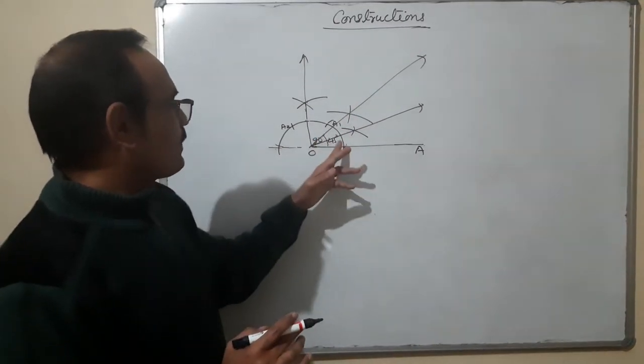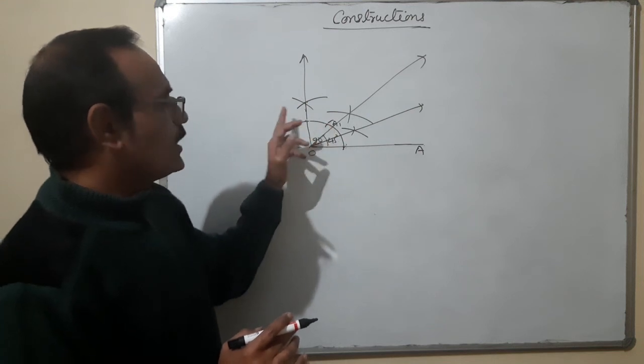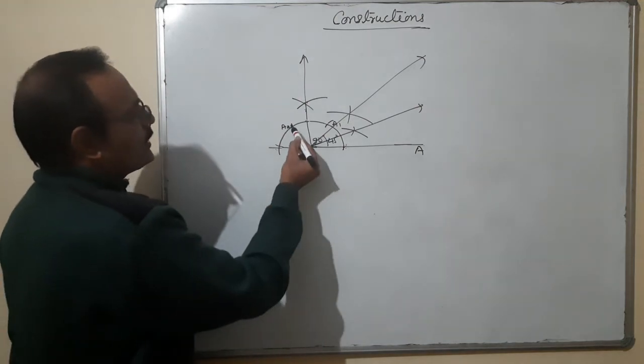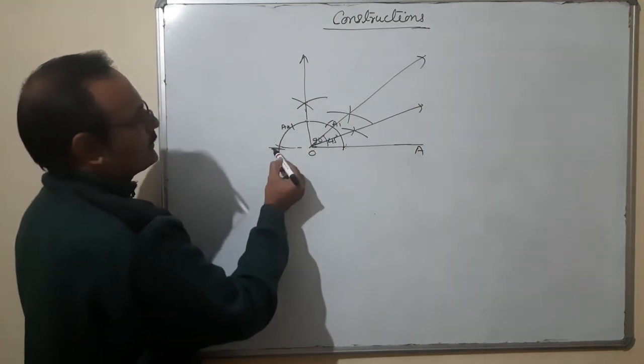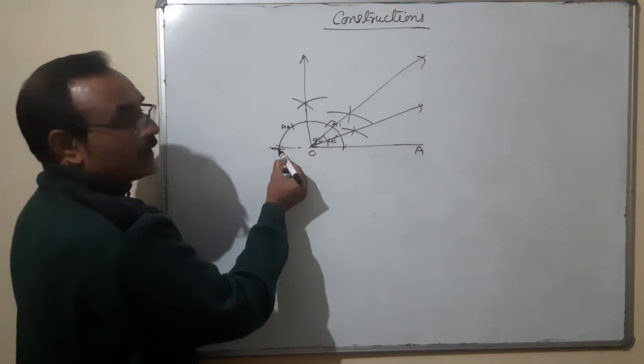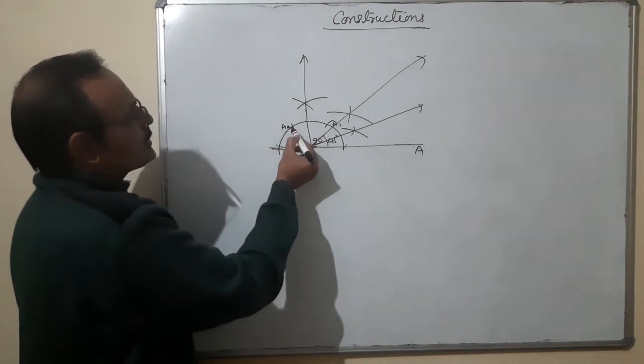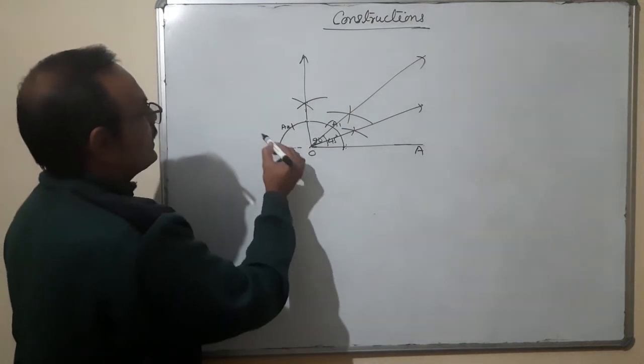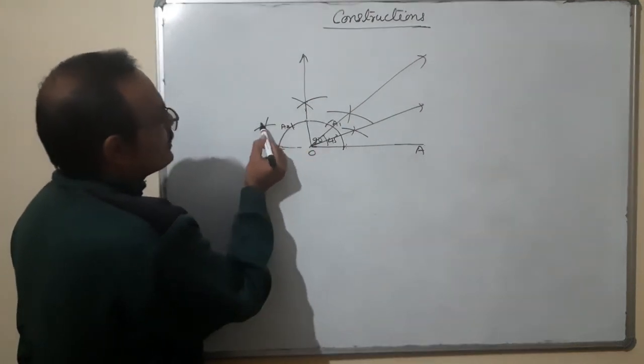Second one, it is 60, 120 and 180. Right. It is 120 and that is 180. Between 120 and 180, 120 plus 30 is 150. If you are going to draw the angle of 150 degree, you can make an angle bisector of these two arcs and join it.